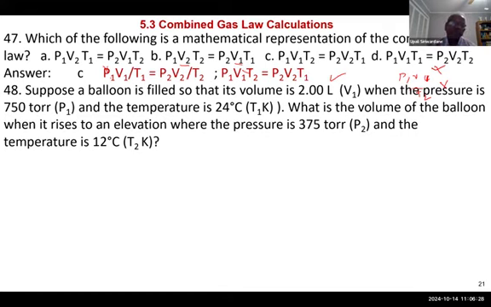Suppose a balloon is filled with a volume of gas. When the pressure of the gas is P1 and the temperature is T1, what is the volume of the balloon when the temperature is T2?